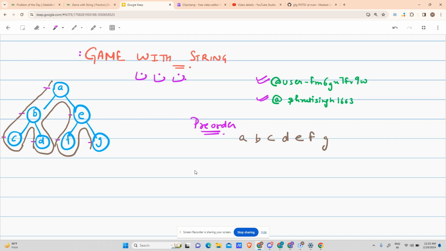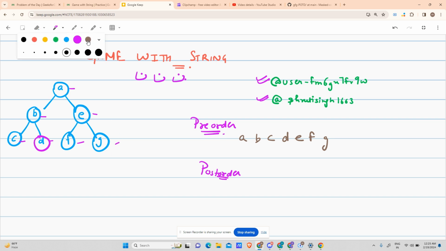Similarly, for post-order traversal, let me erase this line. For post-order traversal, you will keep your lines on the right. In the pre-order, you keep them on the left, and in the post-order, you keep them on the right.